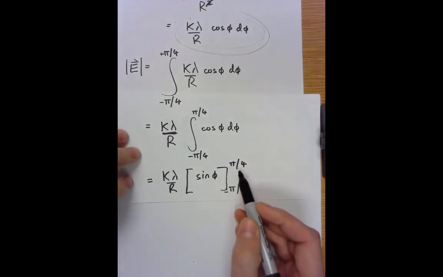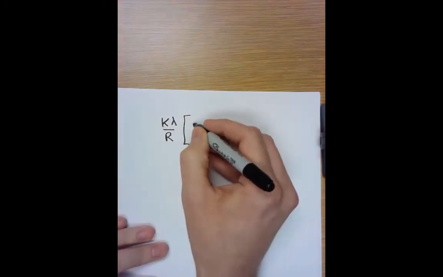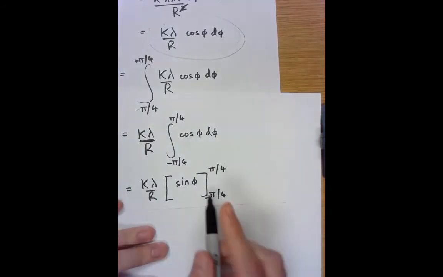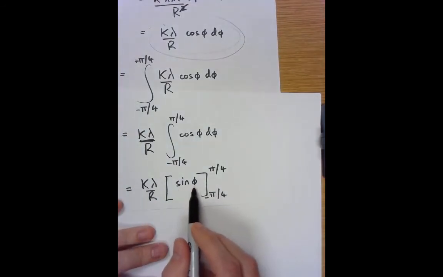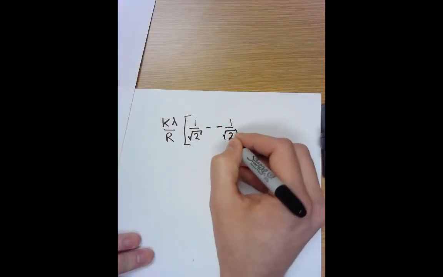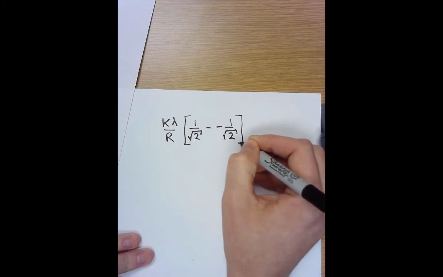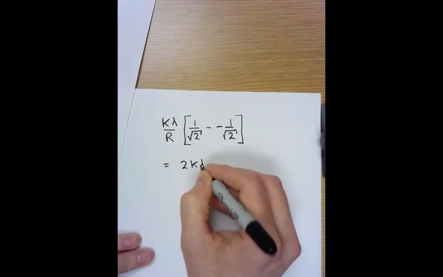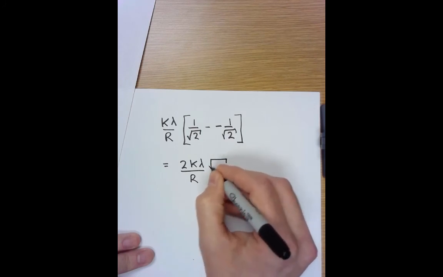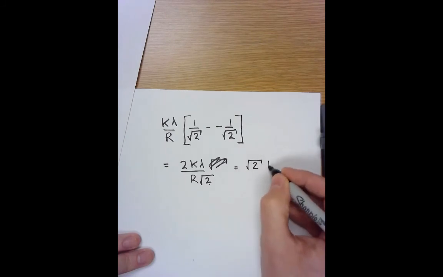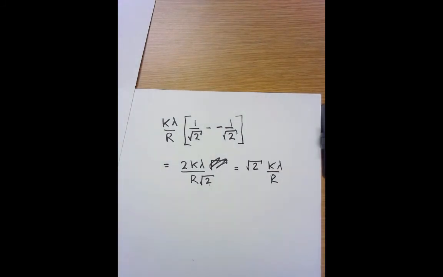That's sine of 45 degrees, which is 1 divided by the square root of 2. And then you subtract sine of phi at minus pi over 4, so it's minus 1 over the square root of 2. Which equals 2k lambda over R divided by the square root of 2. 2 divided by square root of 2 is square root of 2 times k lambda over R.